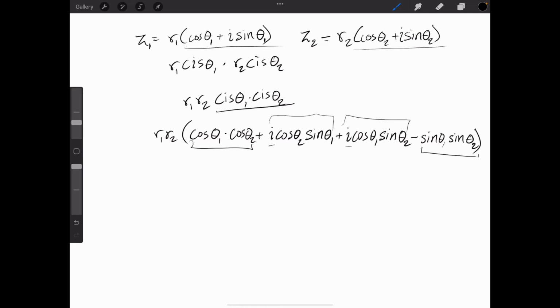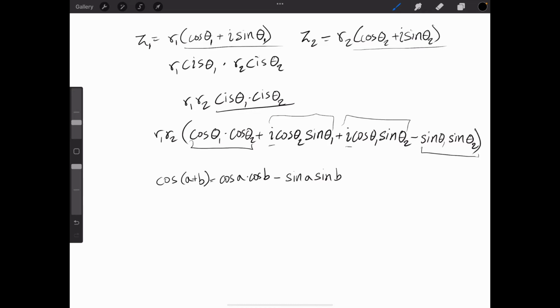Let's combine them in that way, and we'll see that you can find two different trig identities. First, cosine of a plus b is equal to cosine a times cosine b minus sine a times sine b.